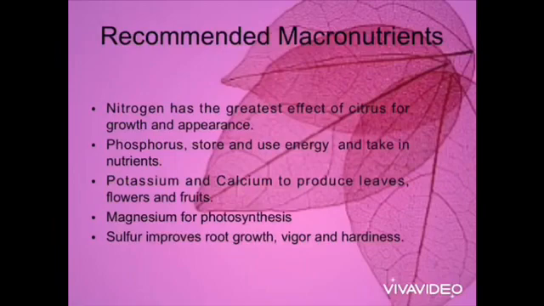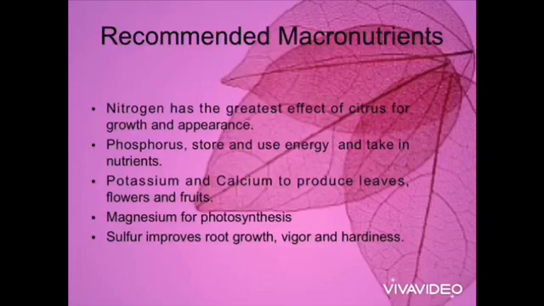Macronutrients, which are essential for plant growth, include the elements nitrogen, phosphorus, potassium, calcium, magnesium, and sulfur. Nitrogen has the greatest effect on citrus growth and appearance. It is the element used most to produce leaves, flowers, and fruits. Phosphorus, particularly concentrated in younger tissue, helps the citrus store and use energy and take in nutrients.